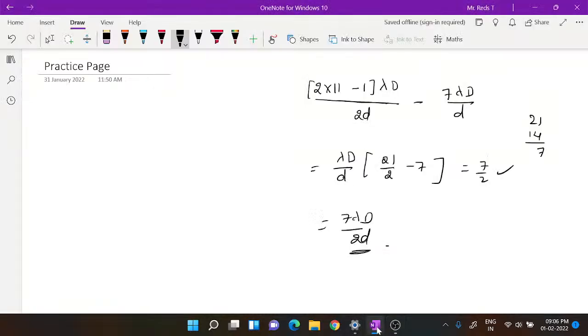Not network. This is trying to connect. What is this? OneNote. Right.